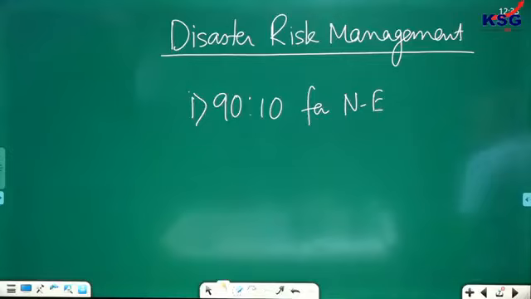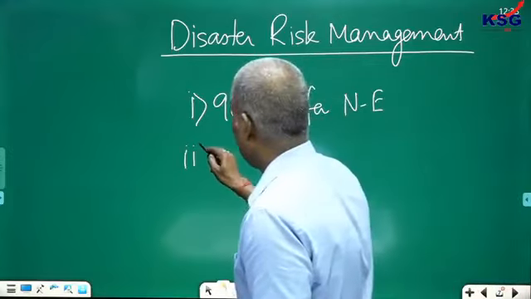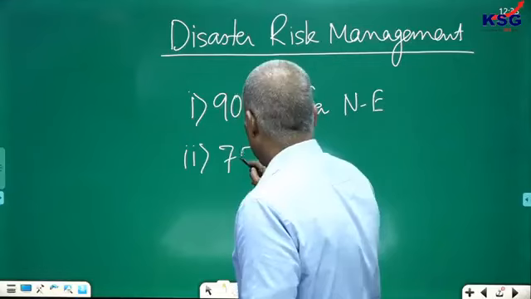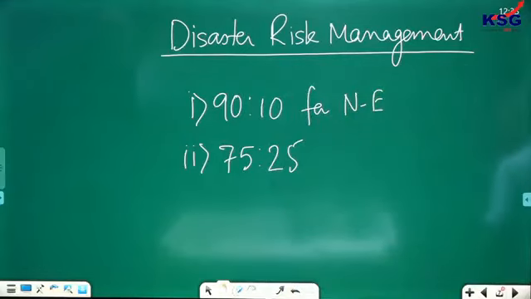Clear? Second you write 75:25 for all other states.